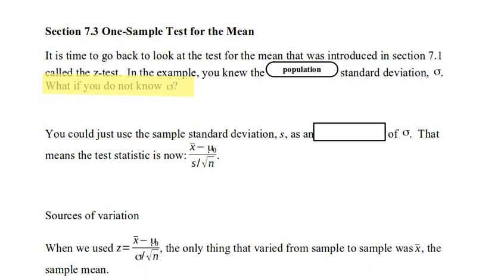Now, we could use the sample standard deviation S as an approximation of the population standard deviation sigma. That means that the test statistic would now be exactly what it had been before, but instead of sigma divided by the square root of n in the denominator, it's now S, the sample standard deviation, divided by the square root of n.